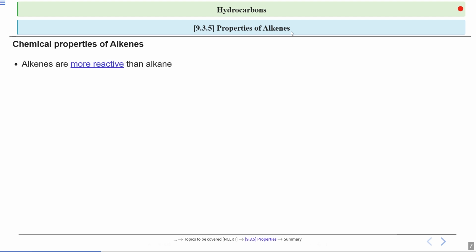In comparison to the alkanes, alkenes are more reactive. Okay, so they are more vulnerable to reactions as compared to the alkanes. Why is it there? Because they have electron rich pi bonds, which increases their reactivity.